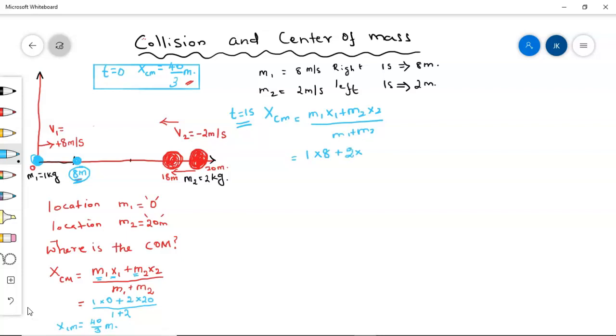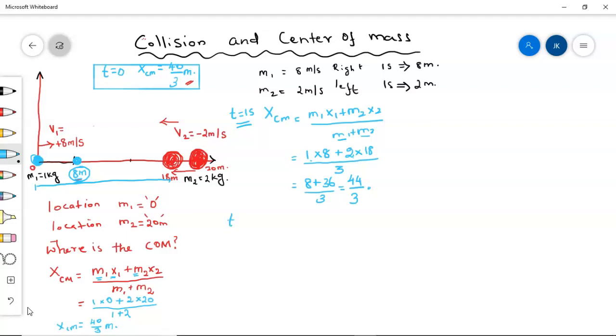Where is its location from the origin? Now the second object is located at 18 meters, so 18, divided by the mass of the first object, 1, and here is 2. 1 plus 2 is 3. So 1 times 8 is 8, plus 36, divided by 3. It is 44 divided by 3.